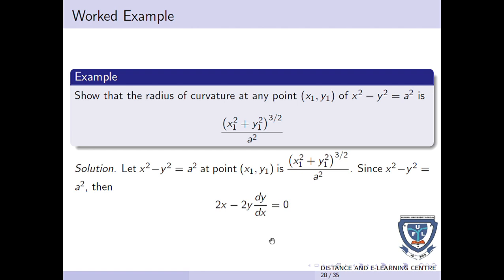Show that the radius of curvature at any point (x1, y1) of x squared minus y squared equal to a squared is (x1 squared plus y1 squared) raised to power 3 over 2 all over a squared.